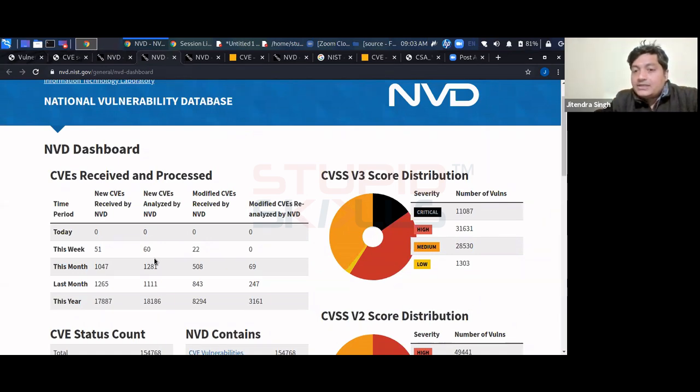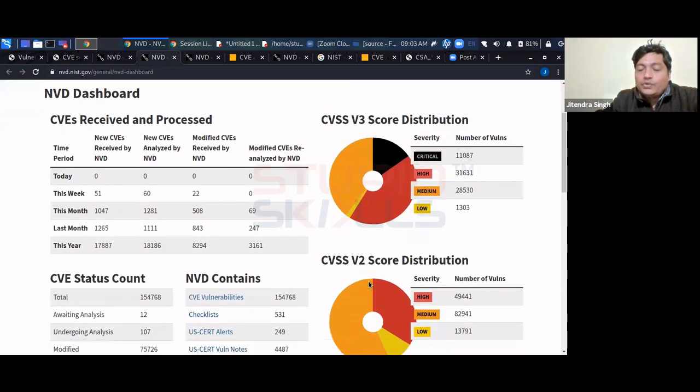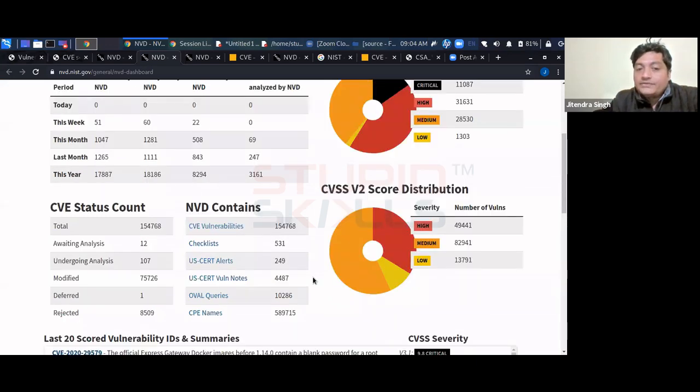And then on the right hand side, you can see the distribution by severity, with numbers of how many were high, how many were medium. Okay, so you would use this in your threat intelligence activities to have a high level overview. Then you have statistics on status count, and then some kind of a checklist. There are also some alerts and notes that you can go through.